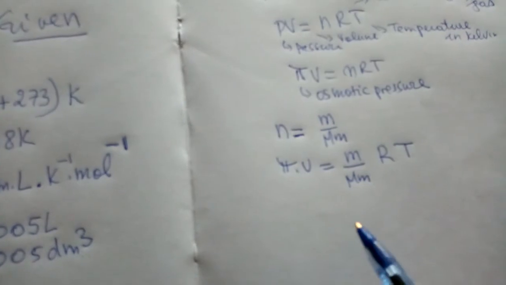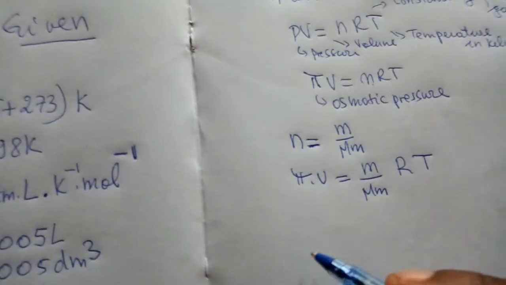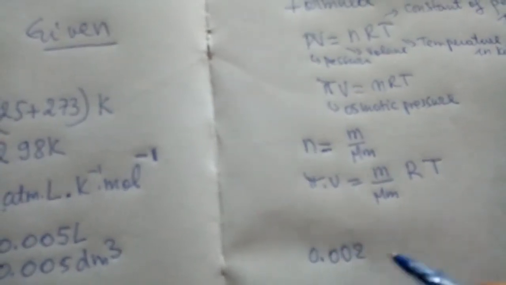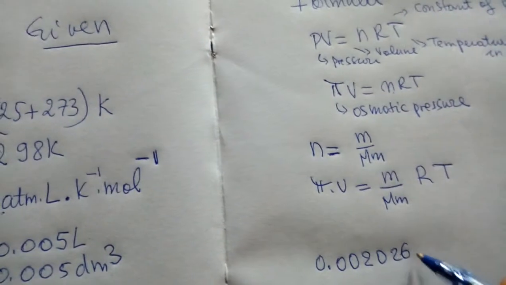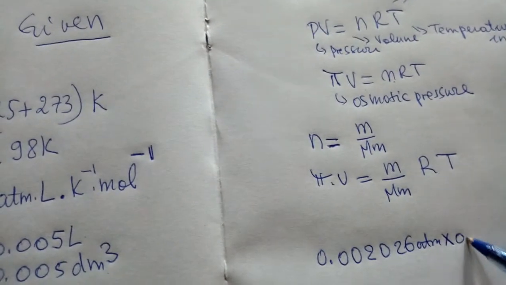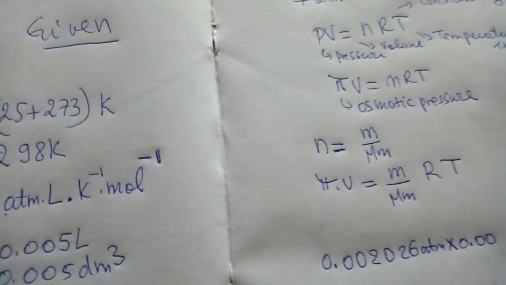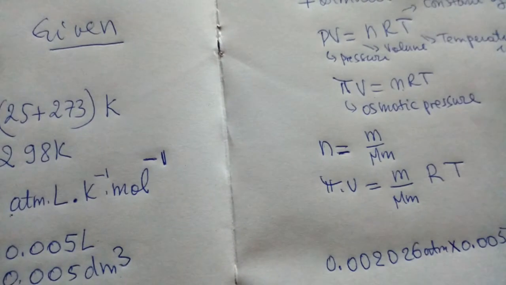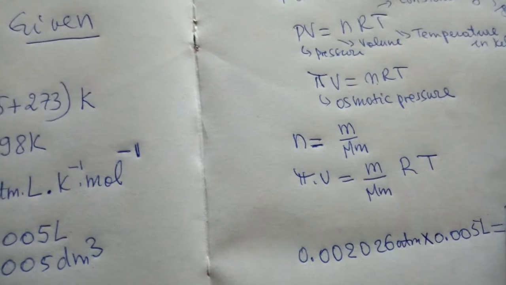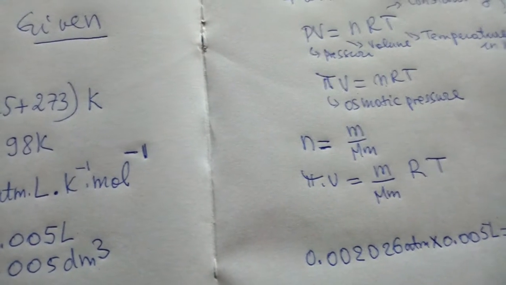Here the pressure we know, it is 0.002026 atmosphere, times the volume, which is 0.005 liter, equal to the mass. The mass is 3.50 gram.